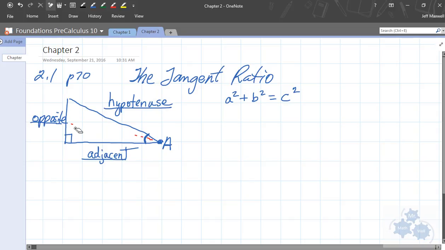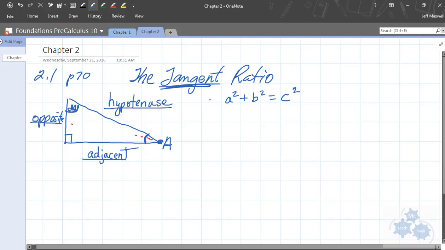So now this is how you label the sides with these names according to angle A. It's important to note that if we're talking about another angle, like this angle right here, then this would be the opposite side, and this would be the adjacent. I just want to show you this because the tangent ratio is one of the ratios that can be built using the lengths of the sides.